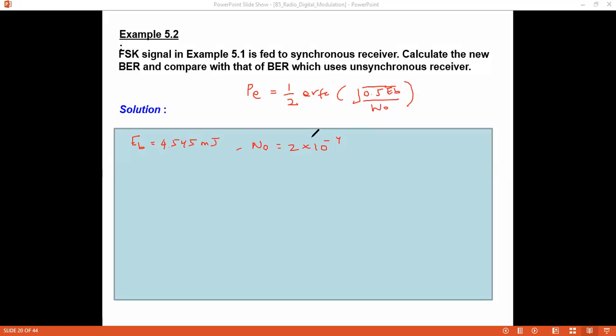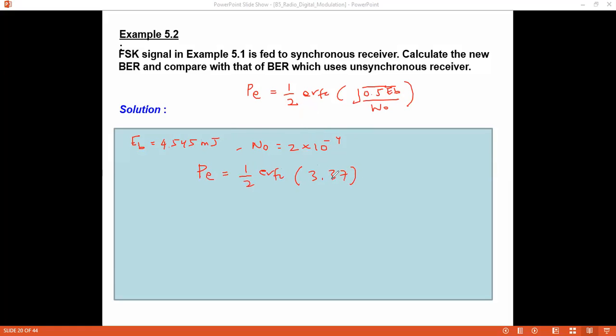If we put this EB and N naught inside this equation, you will get half error function 3.37.